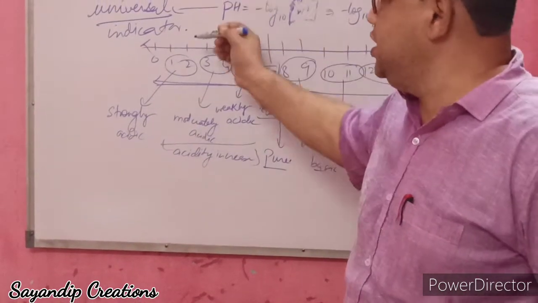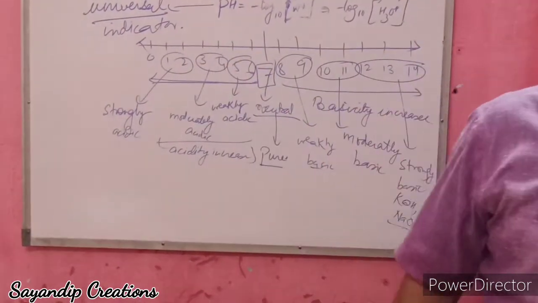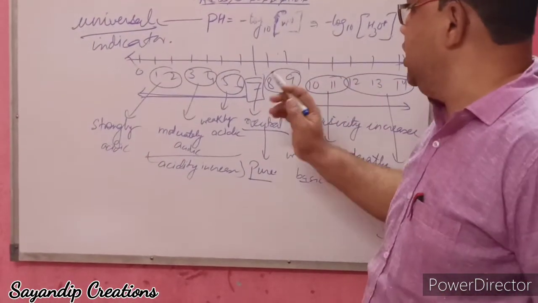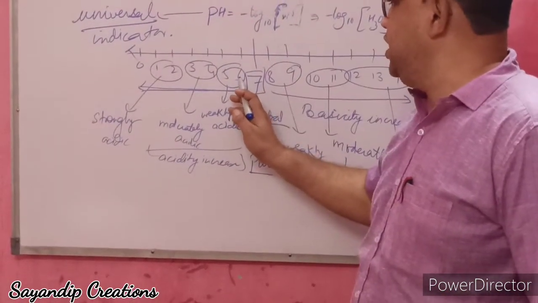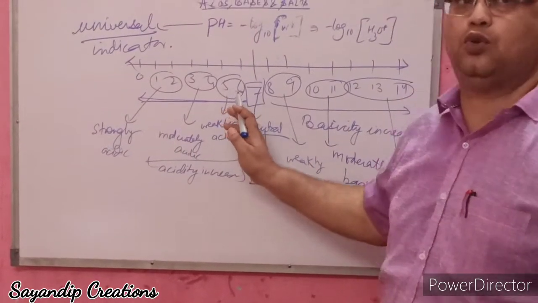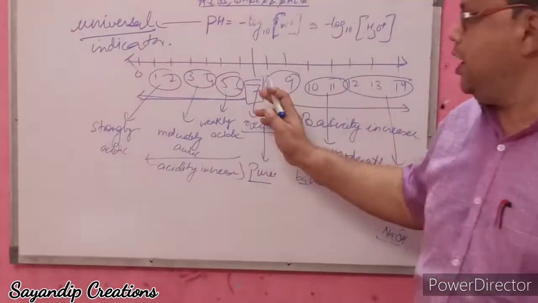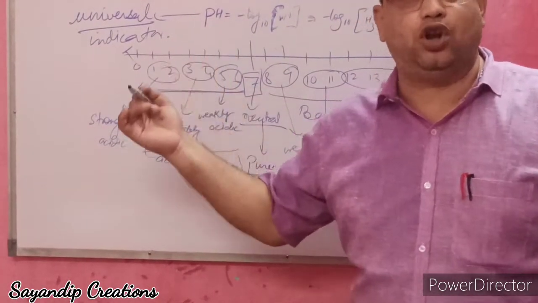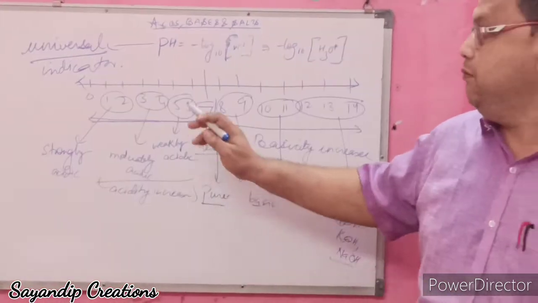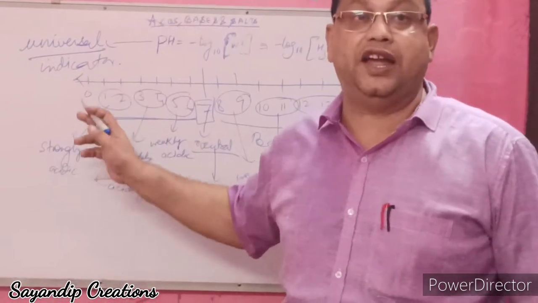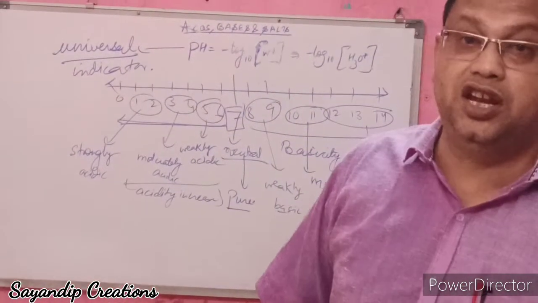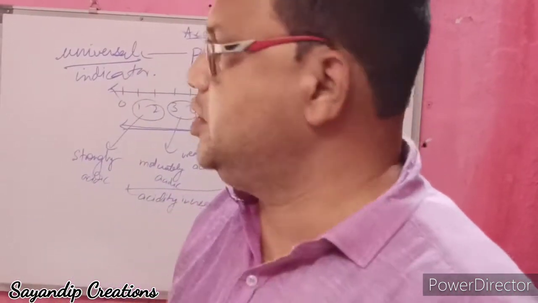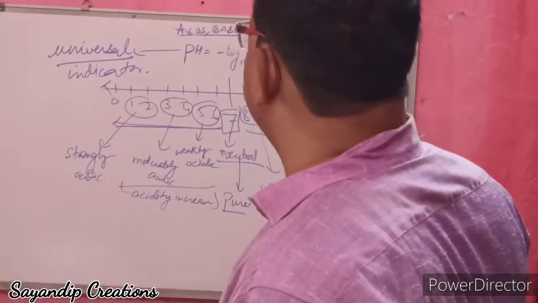If the concentration of hydrogen ion increases, then the pH decreases. That means, suppose pH is 6, it is weakly acidic. As we move from left to right, it becomes strongly acidic. Why strongly acidic? Because the hydrogen ion concentration is increasing. Okay?